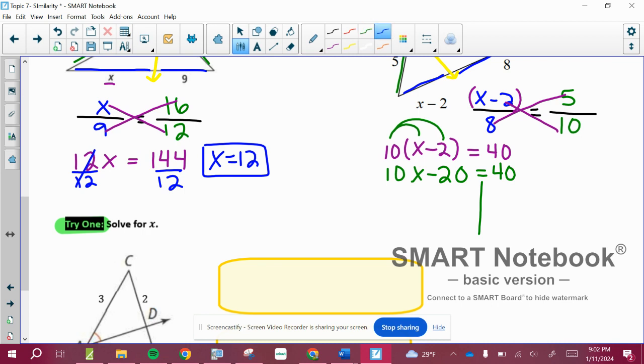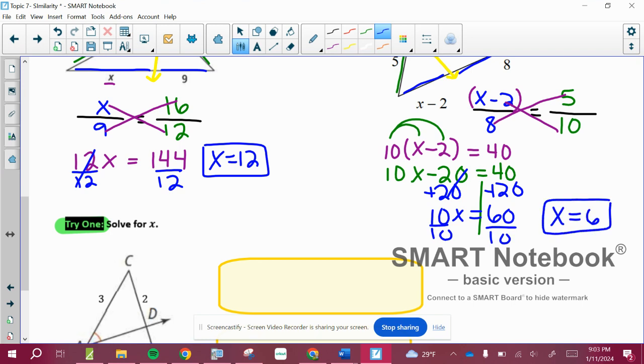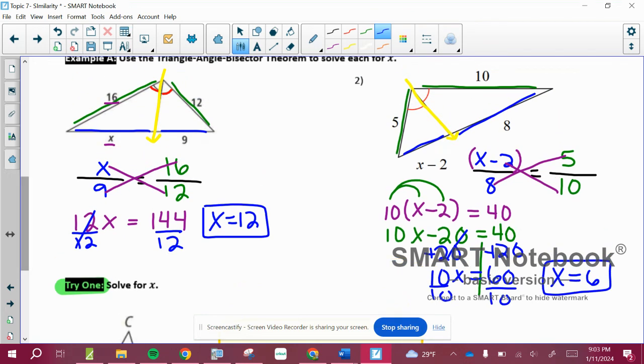The rest of this is just our normal algebra. I'm going to add the 20 to both sides. So we get 10x equal to 60. Then to solve for x, divide out the 10. So on this question, x is 6. Done. Again, you set up your ratio using the bottom and the bottom, side over side.